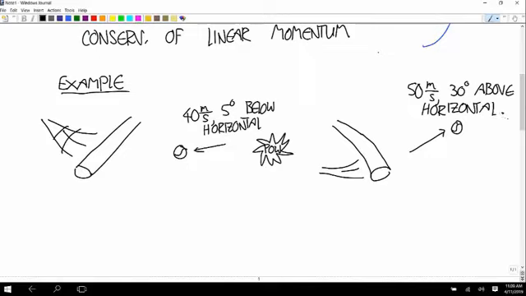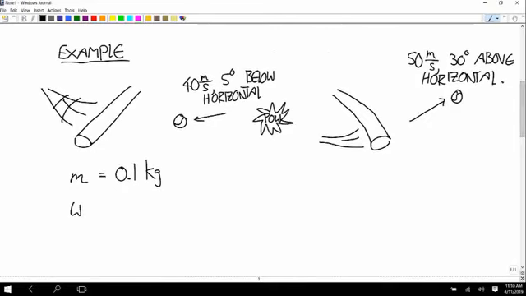And we'll use the mass of a baseball. It's really 0.145 kilograms, but let's say that the mass is 0.1 kilograms. And we want to know what's the average contact force applied to the ball.